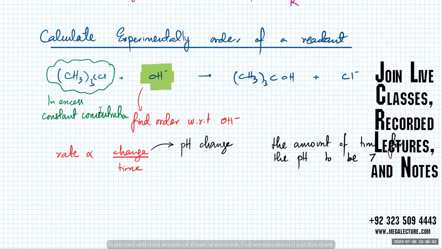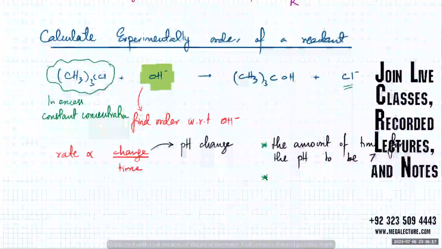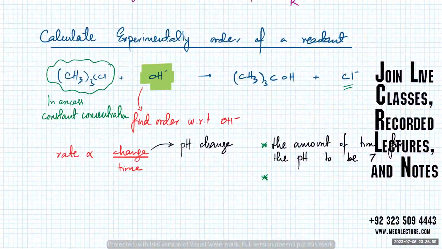You want the OH ions to change, right? We figured out a way: the amount of time. Is there another possibility? Another possibility is that you've got Cl minus ions being produced, and Cl minus ions produce a precipitate when you add silver ions.